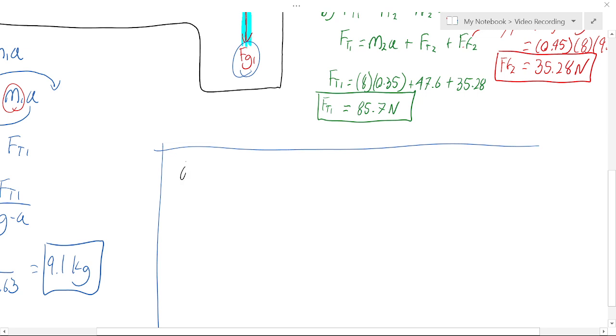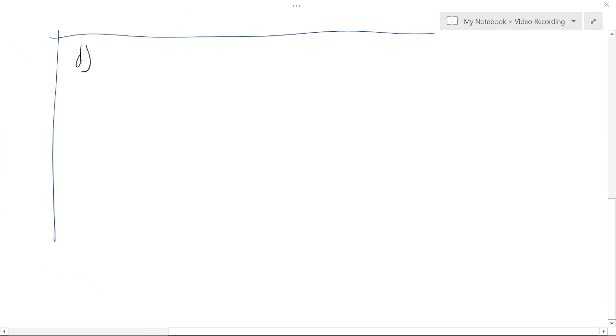We find for part D that we have Fg1 is the winning force minus Ff2 minus Ff3 equals, well, we're now looking at the whole system, so we have to look at all the masses together times A. Now if A is 0, we actually don't have to look at this at all.